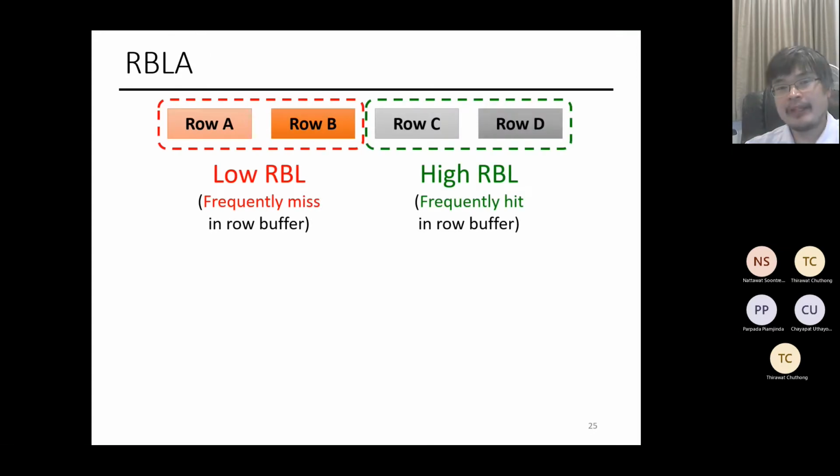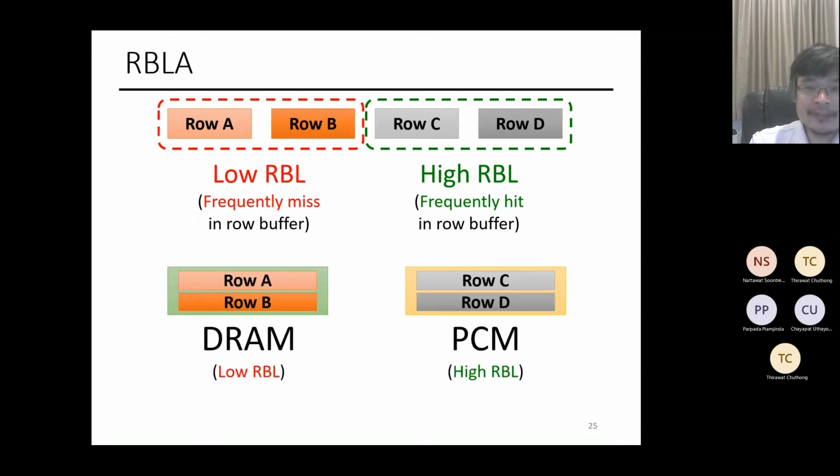We classify applications into two classes: the application with frequent row misses, and the application that has really good locality, with a lot of row hits to the row buffer. In the general case, you can group them together.